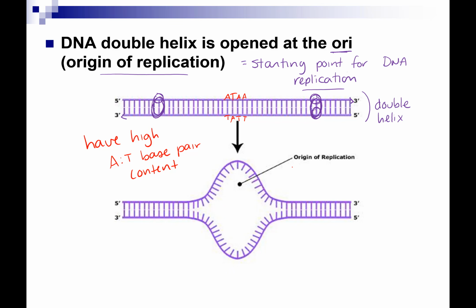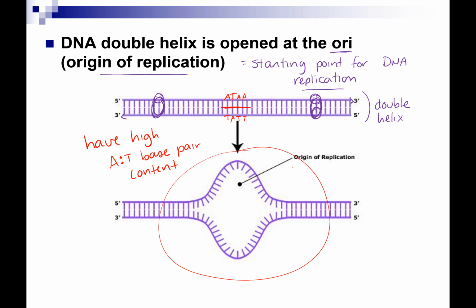And that's because A and T only have 2 hydrogen bonds between them versus G and C, which have 3. So it's a little easier to break through these hydrogen bonds when there's only 2 per base pair than 3.